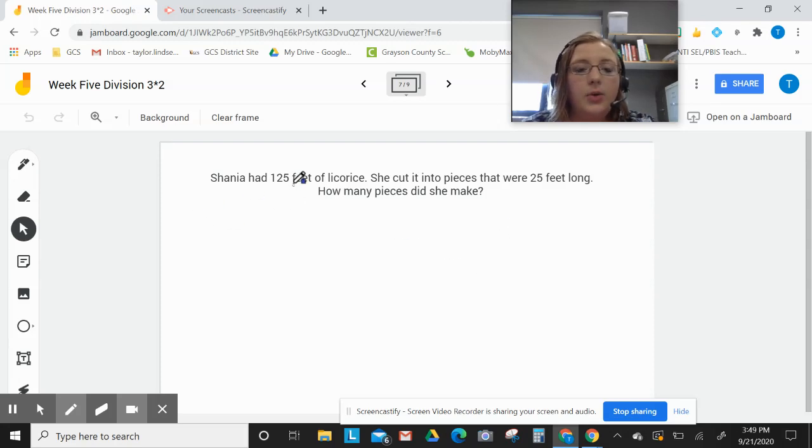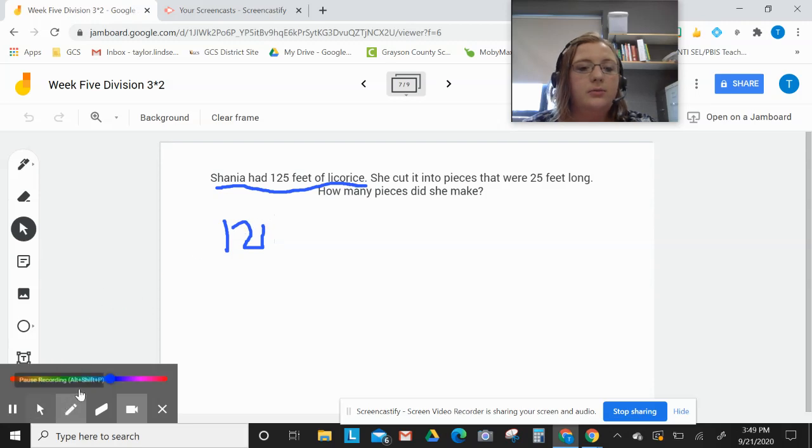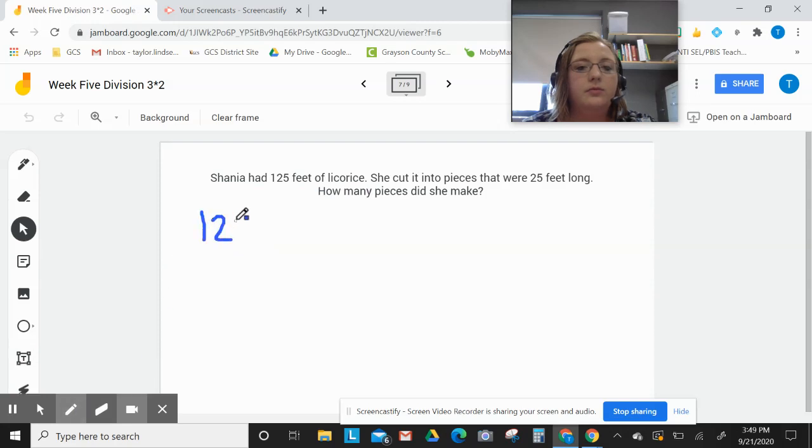So our total, Shania has 125 feet of licorice. Let's fix that. Okay. Divided by, what goes in the middle? Do you remember? Go ahead and answer that on your Edpuzzle.